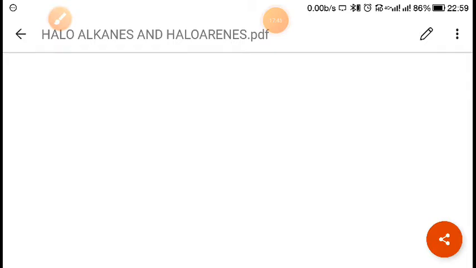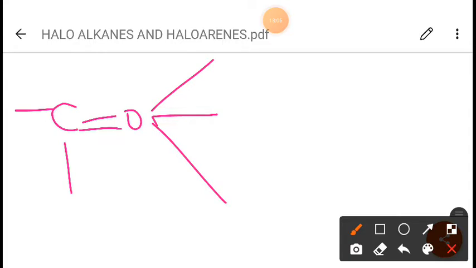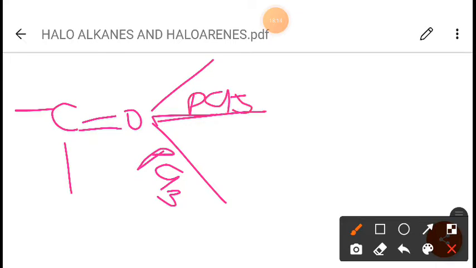Now next we will see the preparation from aldehyde and ketone. I will give you one basic simple example. Suppose we have this double bond over this, and we supply three types of reagent: in one case PCl3, in another PCl5, and in the third SOCl2.